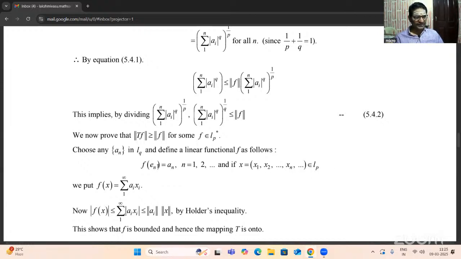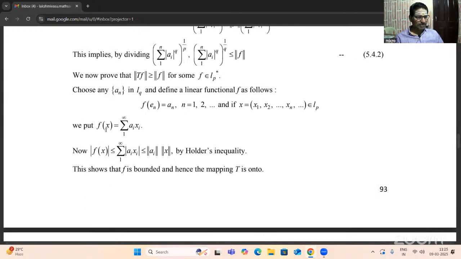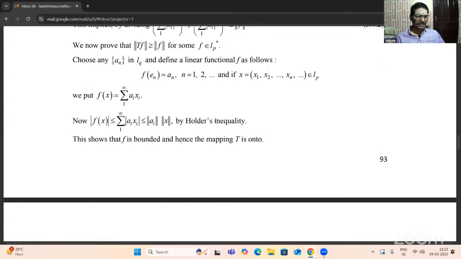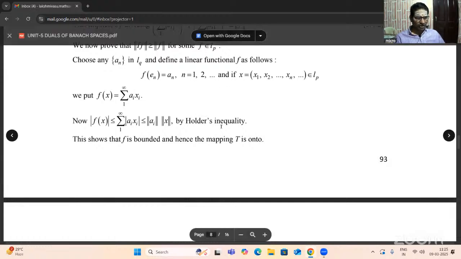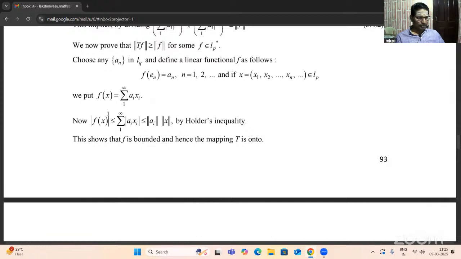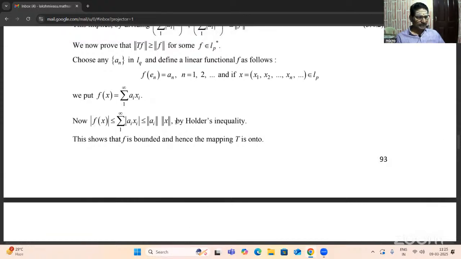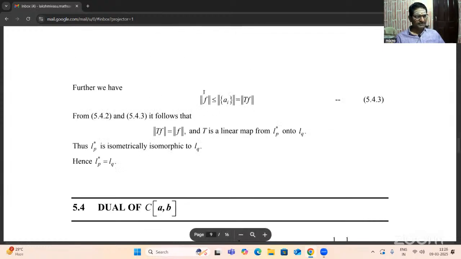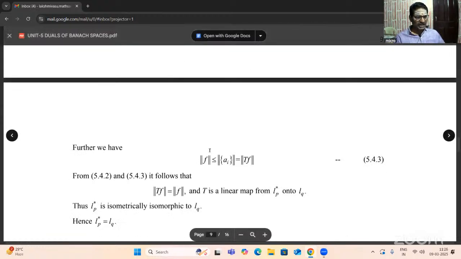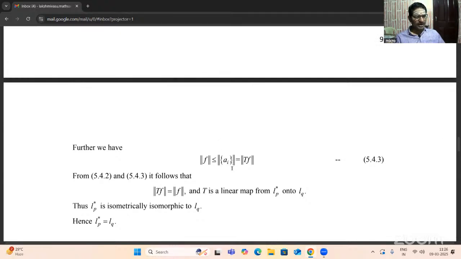Finally, f(x) = Σ aᵢxᵢ. So |f(x)| ≤ Σ |aᵢxᵢ| ≤ norm a times norm x, by Holder inequality. According to Holder inequality, we must express |f(x)| ≤ norm a times norm x. So the linear functional is bounded and the mapping is onto. Finally, norm f is less than or equal to norm of the aᵢ sequence.